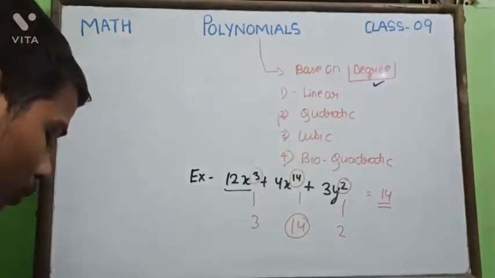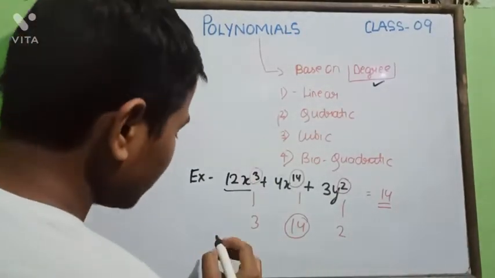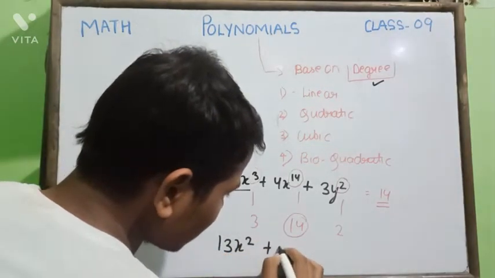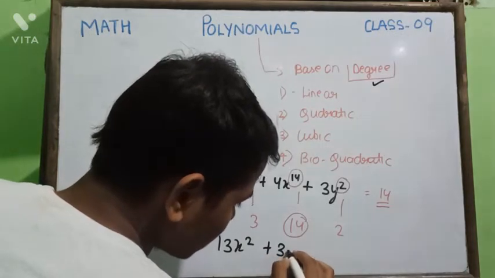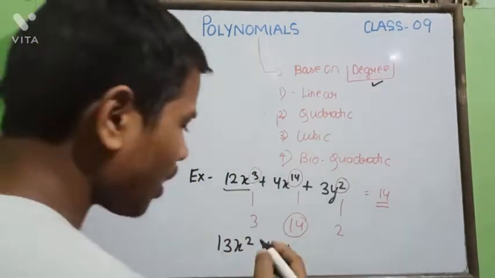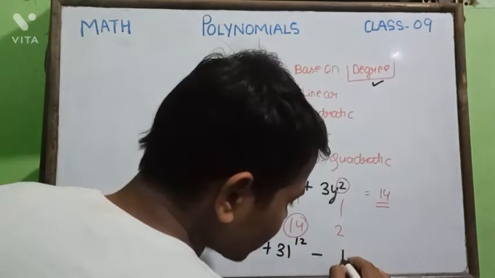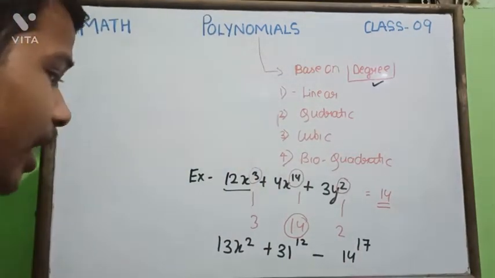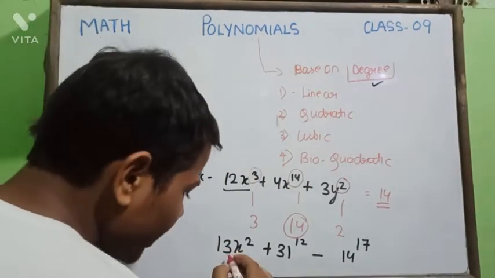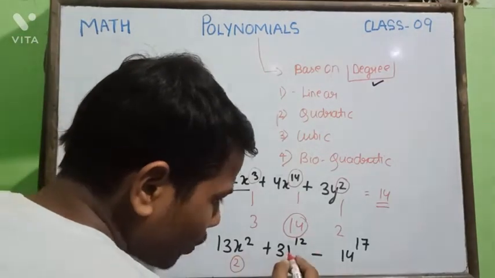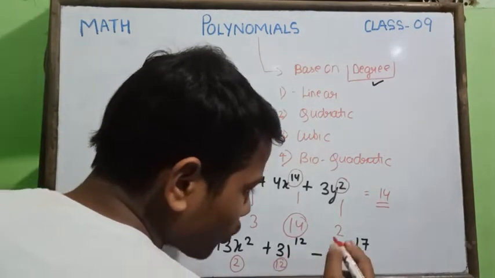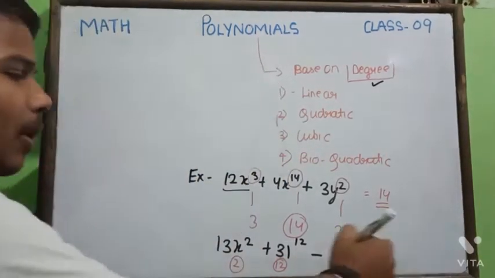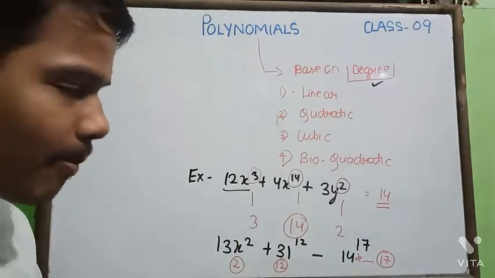Let me tell you one more example. Second example: 38x squared plus 31 to the power 12 minus 14 to the power 17. Here 38x has the power 2, 31 has the power 12, and 14 has the power 17. Among these three powers, which is the highest? 2?